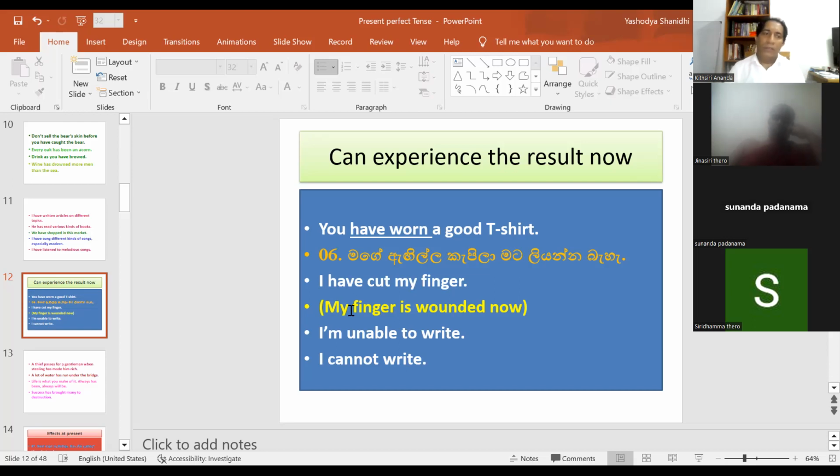The other thing, the meaning that we take. Actually, each and every verb has the same meaning found in different aspects. The meaning of the same verb is found in different aspects.